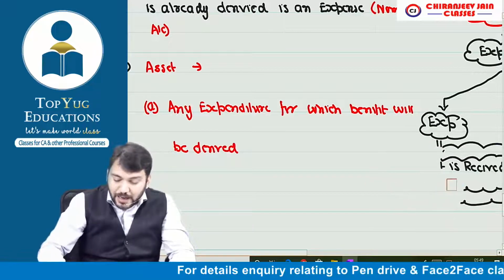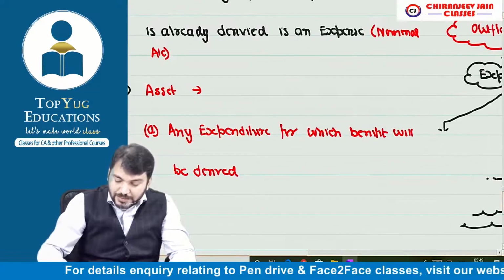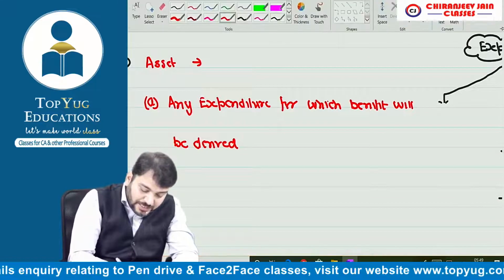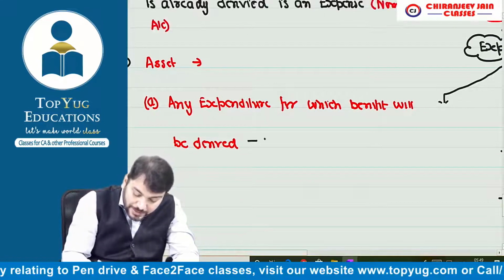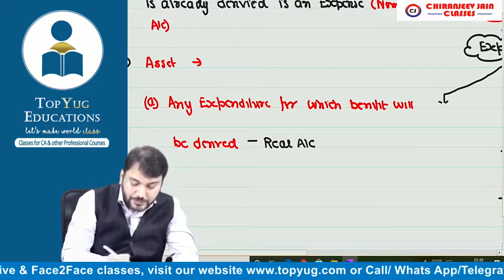Correct, is an asset, understood. And this we call real account. This is real account, correct.